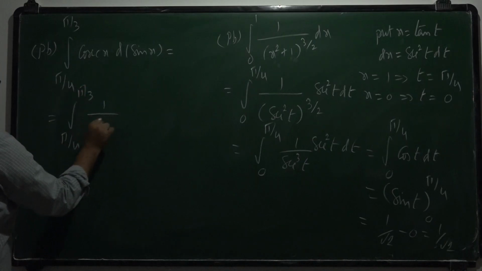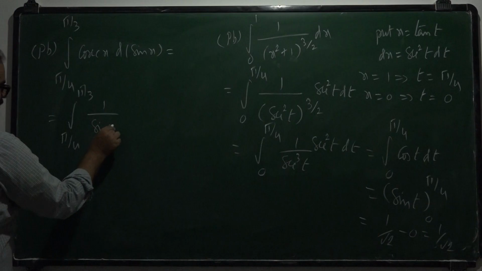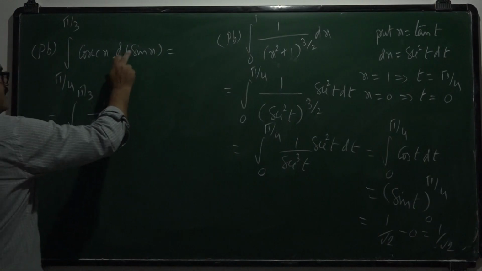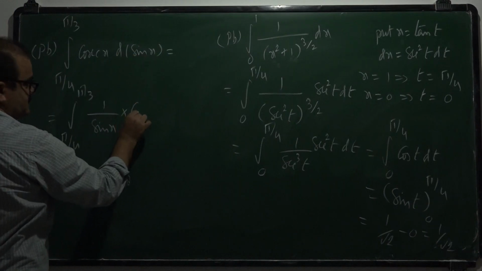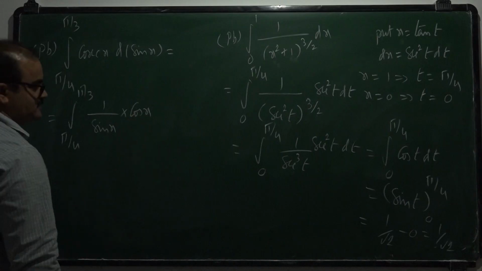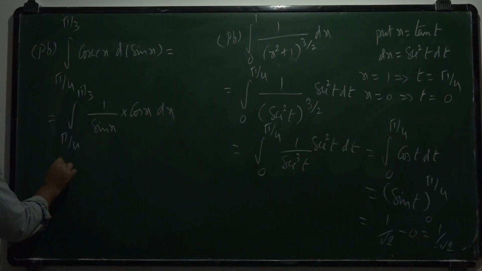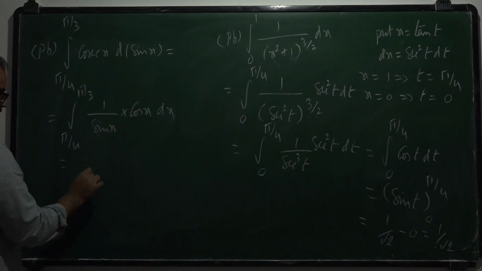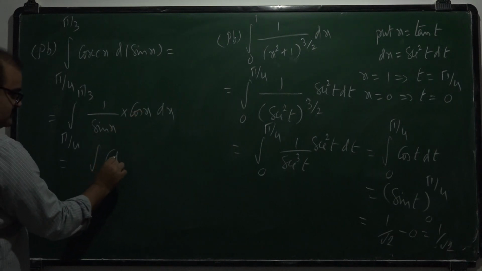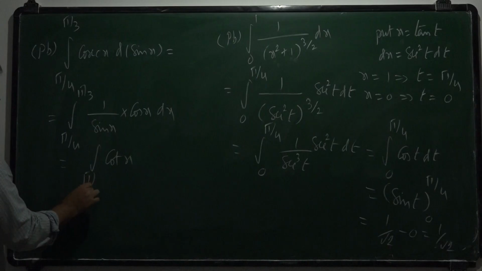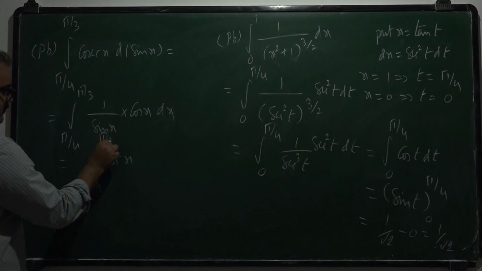Cosecant x is taken as 1 by sin x into, what is the derivative of sin x? Derivative of sin x is cos x into dx. Here cos x by sin x is taken as cot x, pi by 4 to pi by 3.